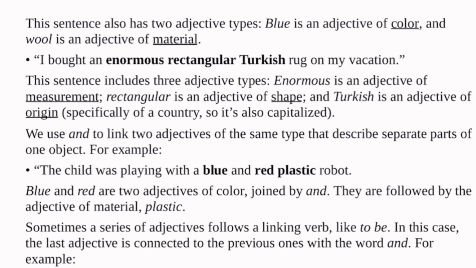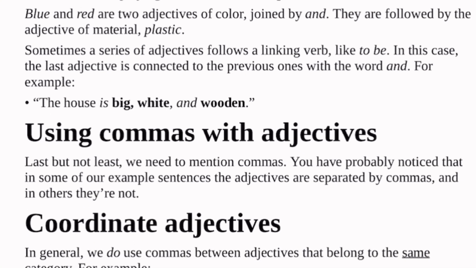He also has a red plastic robot. Sometimes a series of adjectives follow a linking verb. In this case, the last adjective is connected to the previous ones with the word and. For instance, the house is big, white, and wooden. Yes, and wooden. So take note of that.